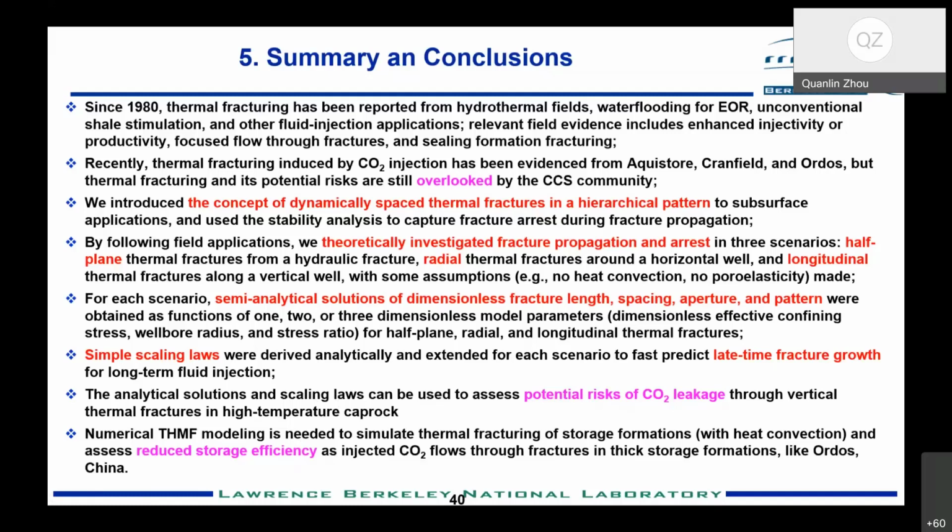That is one potential risk, and the other is reduced storage capacity and efficiency. Yeah, I think that is all.